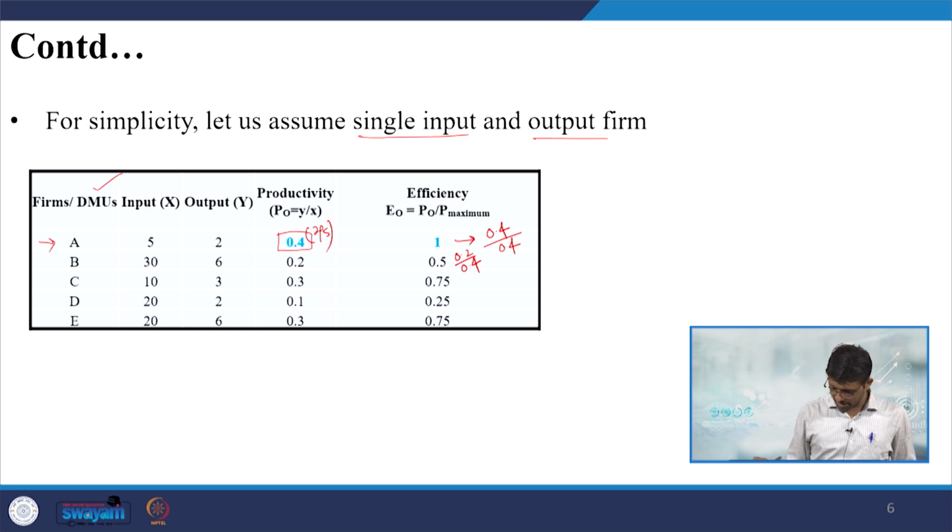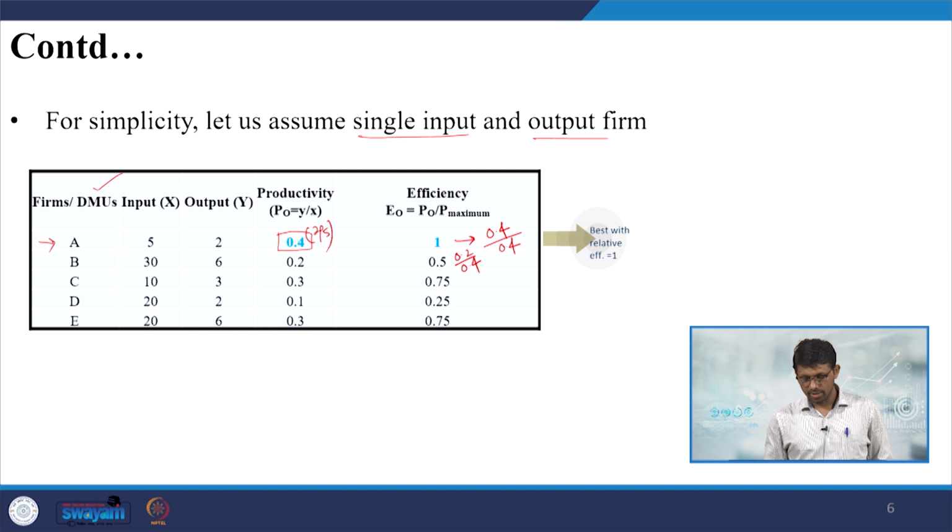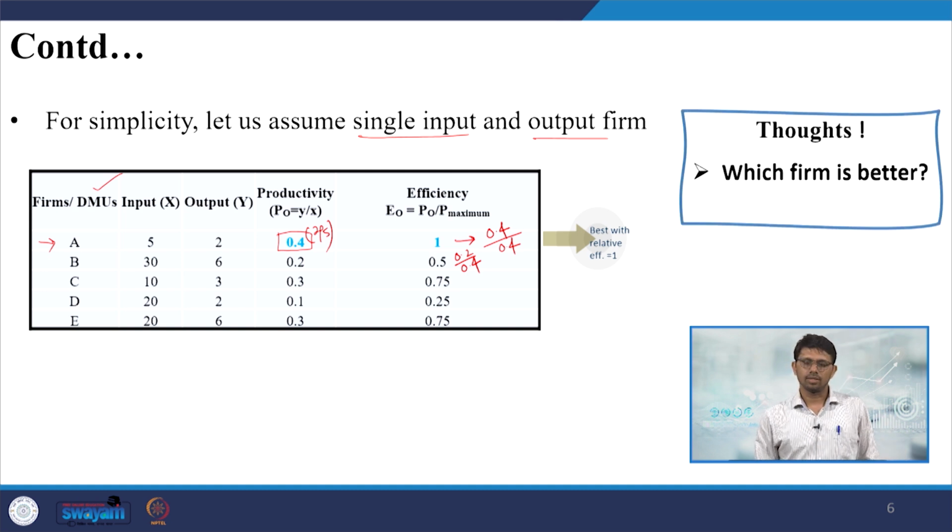Now, you can easily infer a number of things. Firm A is coming out to be the best one in terms of efficiency, since its efficiency score is 1, and the best relative measure of efficiency is considered to be 1.